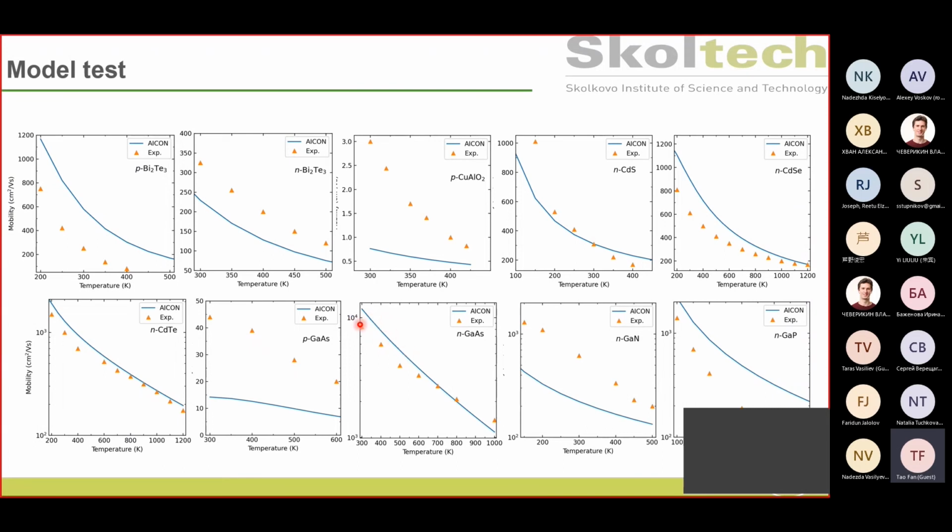You see the calculation and experiment agree quite well. For P-type copper aluminum oxide, which has the lowest mobility among the testing materials, the calculated value differs a lot at low temperature, but the difference becomes smaller with increasing temperature, and the whole value is still in the same order of magnitude as the experiment.